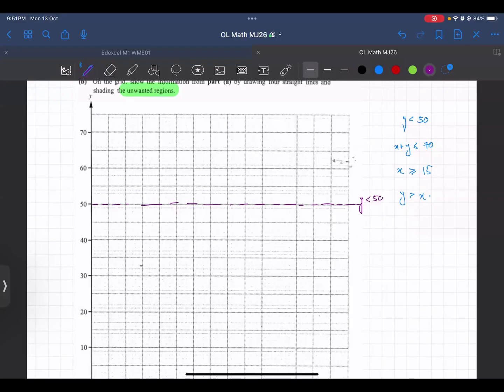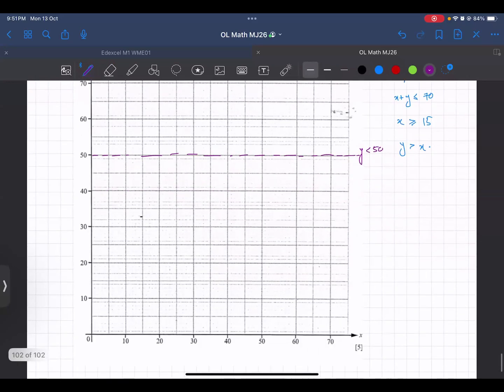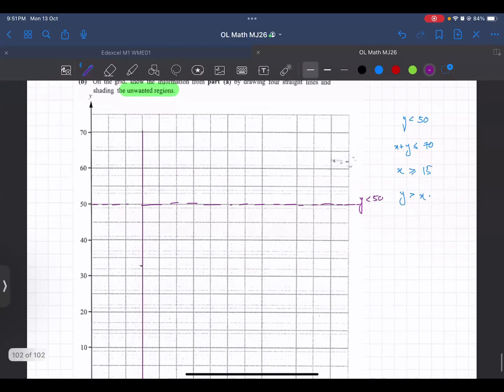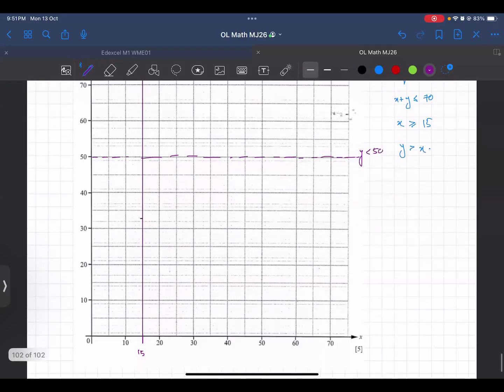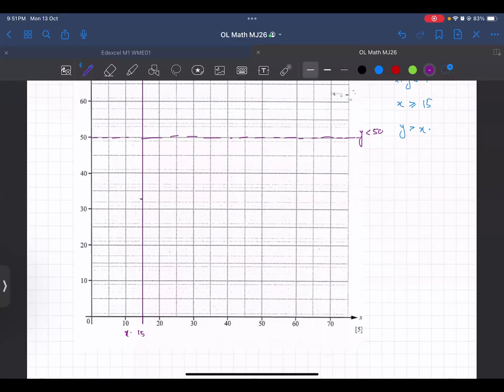Y is less than 50. And then x is greater than or equal to 15. 15 is over here. And this would be a solid line. This is x equals 15.